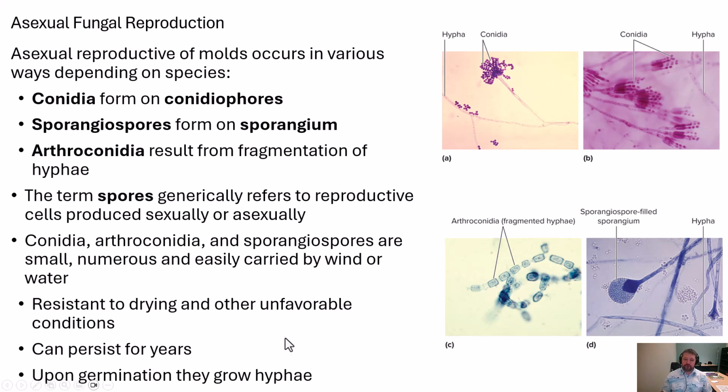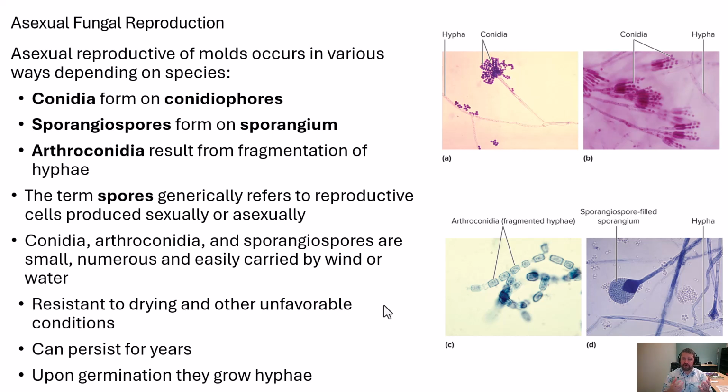The spores themselves, a lot of times, can persist for a very long time. We found fungal spores from ancient lake beds, from what would have been a somewhat aquatic fungi. We found fungal spores inside Egyptian ruins.